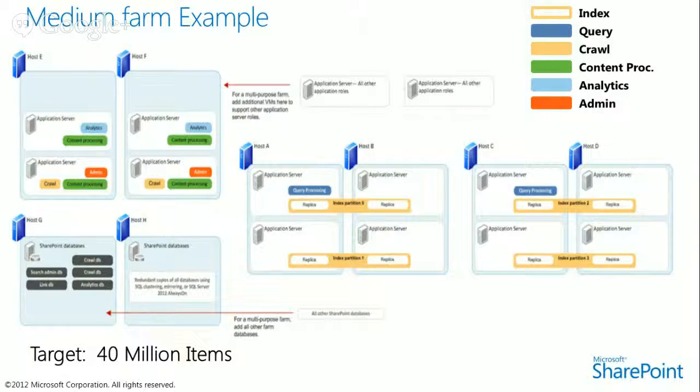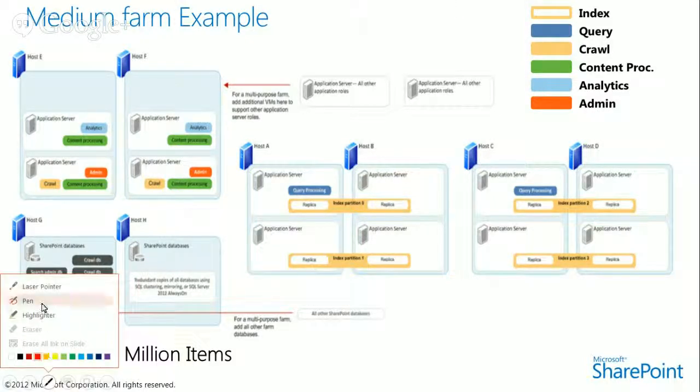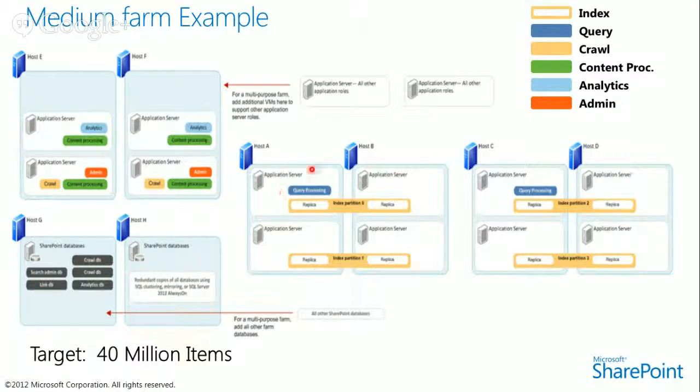So in this case, you see there is a host A and host B mentioned here, and you will have the index partition 0 replica here between these two hosts, and index partition 1, which again has a replica, like that 2 and 3.